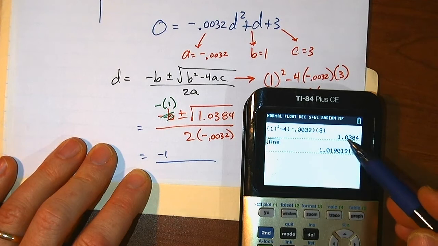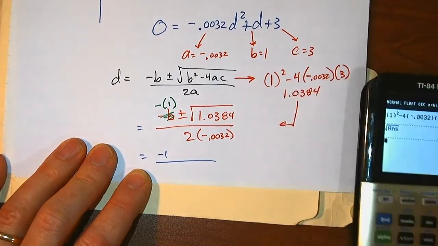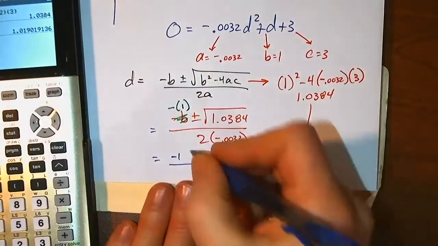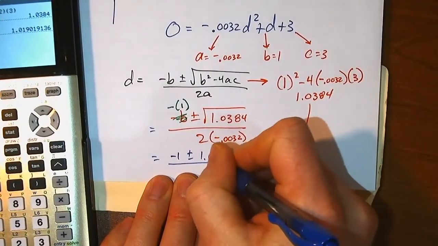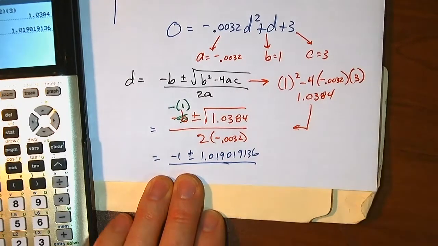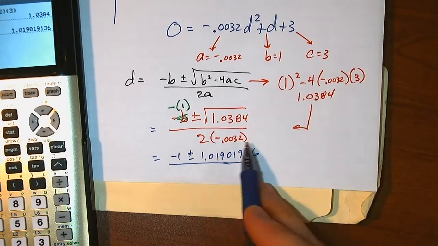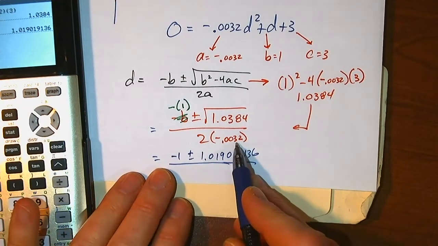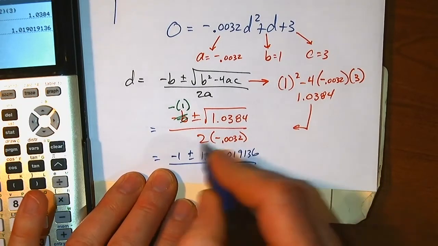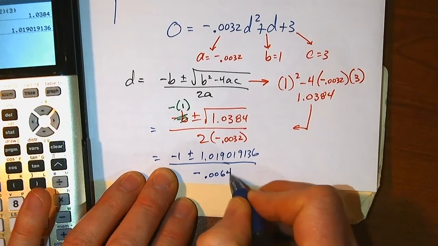And that just takes that number and pastes it in there. So there's my square root. Wow, that's a big number, but that's okay. Plus or minus 1.019019136. Okay, I suppose if you round that off, it's probably not the end of the world. And then down the bottom, I'm going to have 2 times this. Well, I knew 2 times 32 is equal to 64. So I'm thinking 2 times this decimal is just going to be -0.0064, I'm thinking.